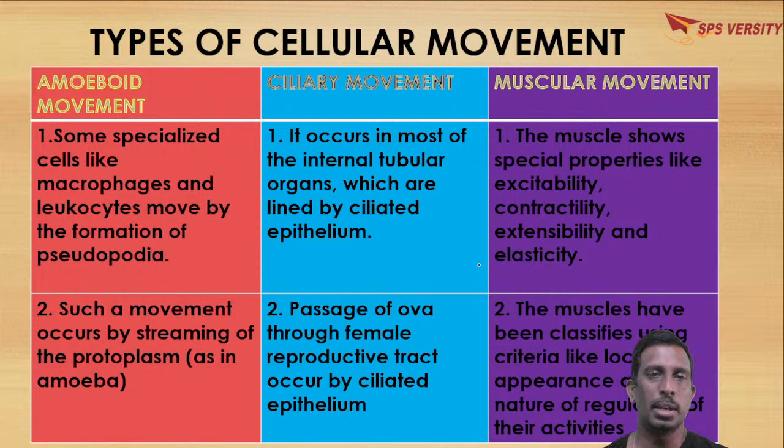When it comes to types of cellular movements, there are three types: amoeboid movement, ciliary movement, and muscular movement. Amoeboid movement is seen in blood cells like macrophages and leukocytes, which move by formation of pseudopodia.